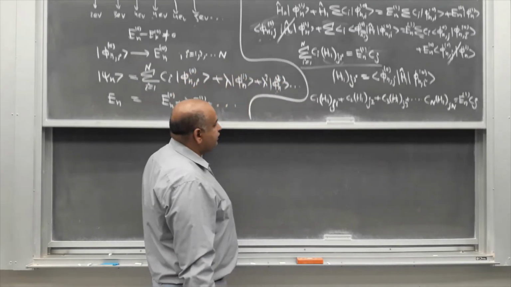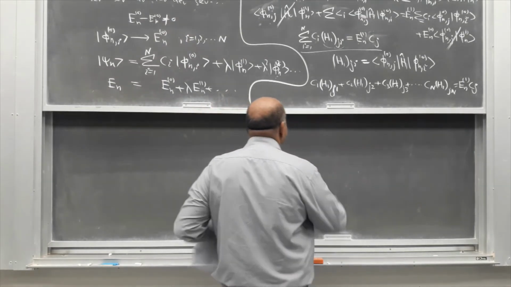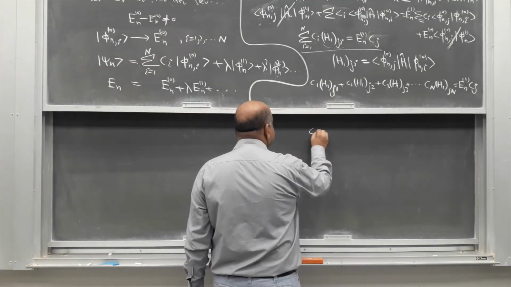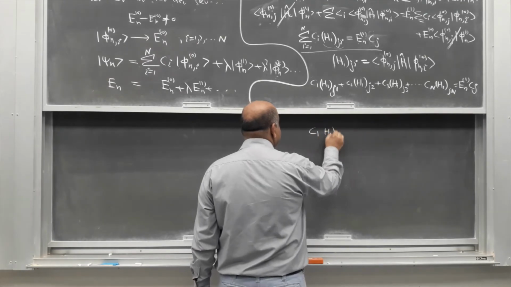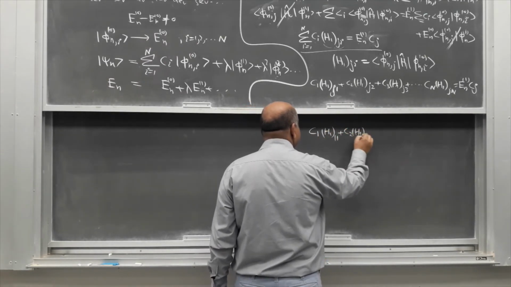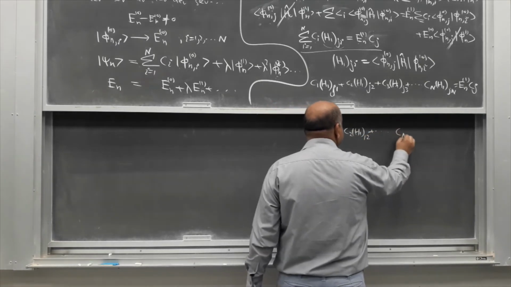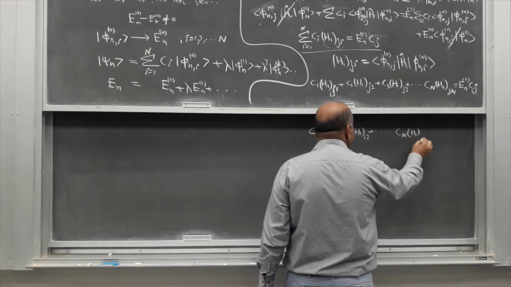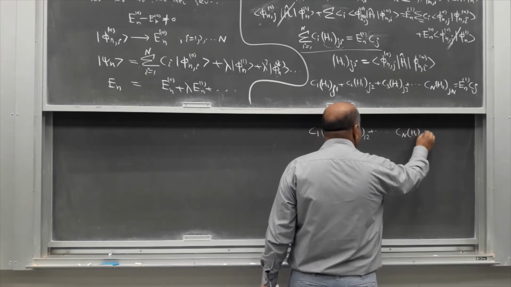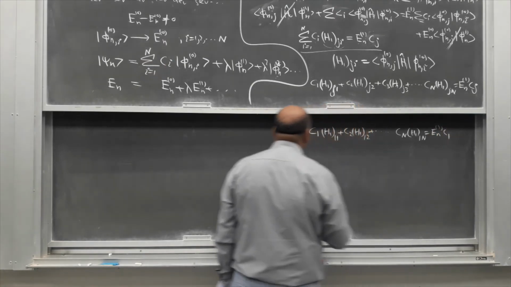Now if I write this equation for each j, for j equal to 1, I will get C1 H1_11 plus C2 H1_12, and so on, Cn H1_1n, equals En1 C1.